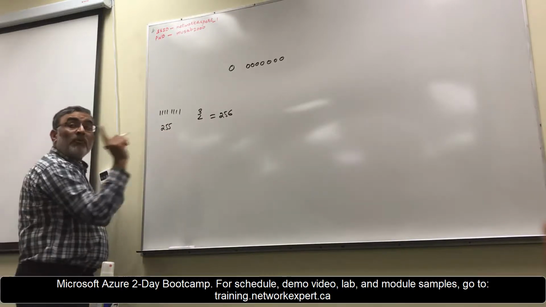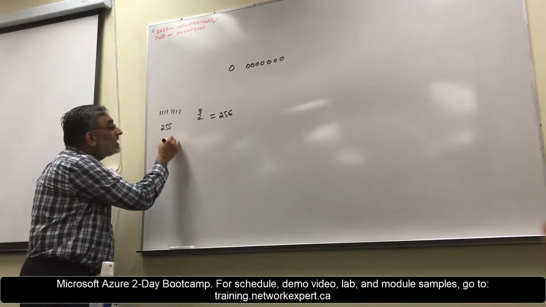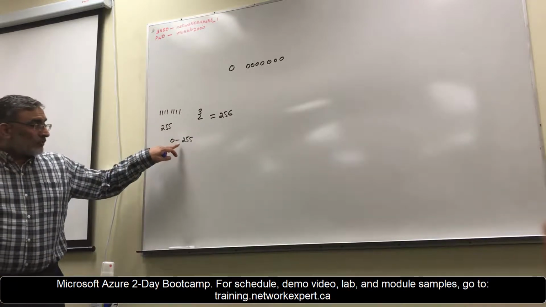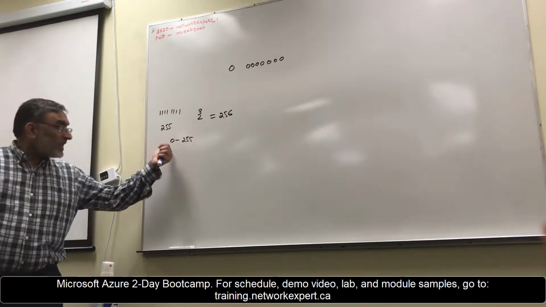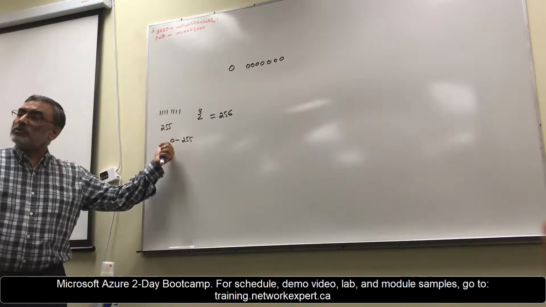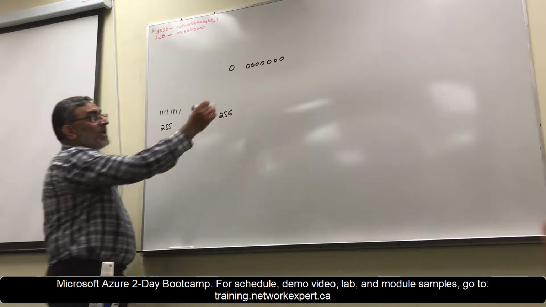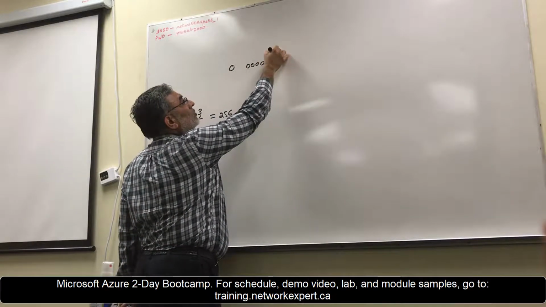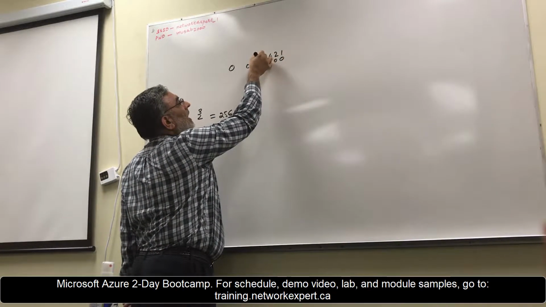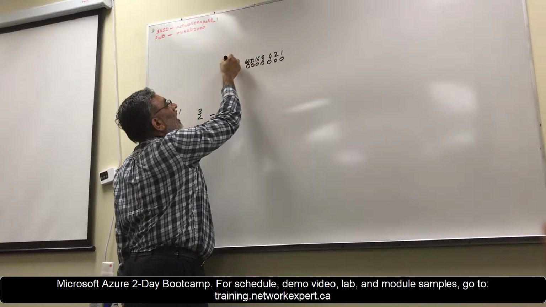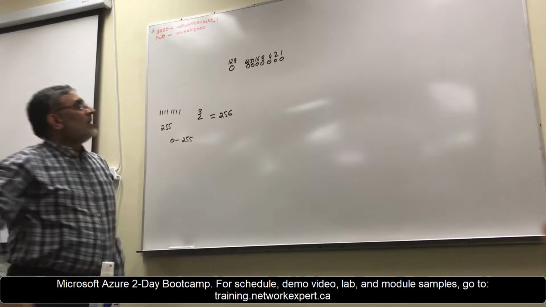Why? Because the possible combinations are from 0 to 255. So from 1 to 255 plus the 0 combination, 256 possible combinations are there, right? And the weights of these bits are 1, 2, 4, 8, 16, 32, 64, and 128.